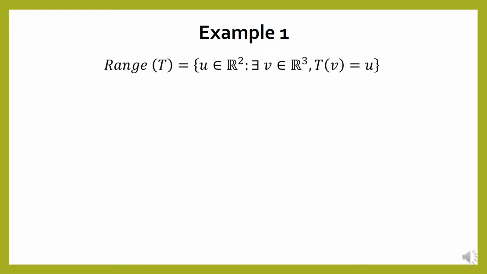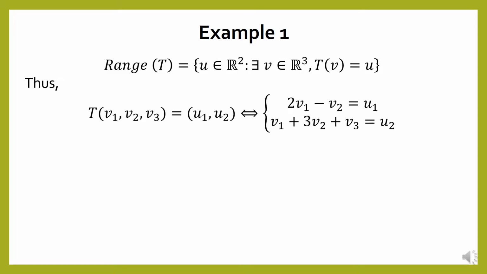Considering the same linear application, let's now calculate the range of T. We want the vectors of R2 that have corresponding in R3. This is equivalent to knowing for which U belonging to R2 vectors, the equality T of V equal U is verified.